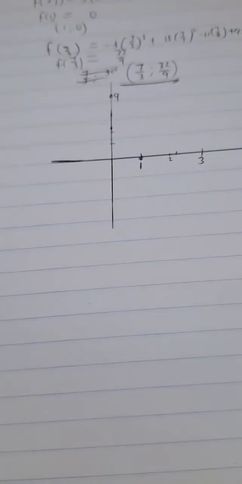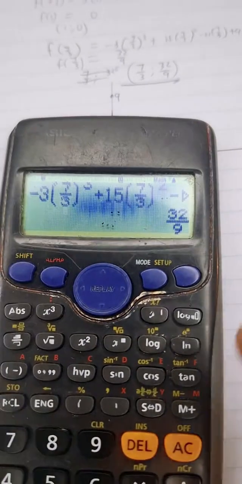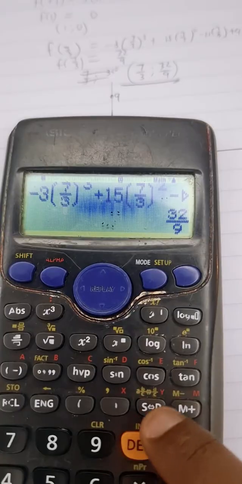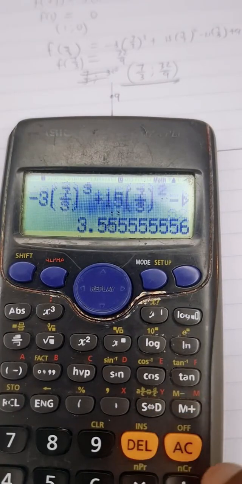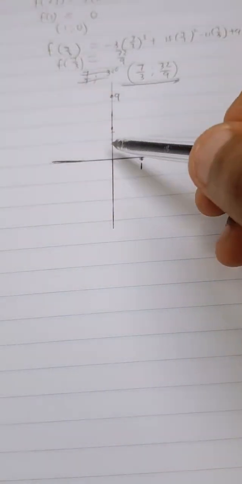Then the corresponding y value is 32 divided by 9. Press the S-D button, equal, and we get 3.555. So the corresponding y value is about 3.5, which is 32 over 9.